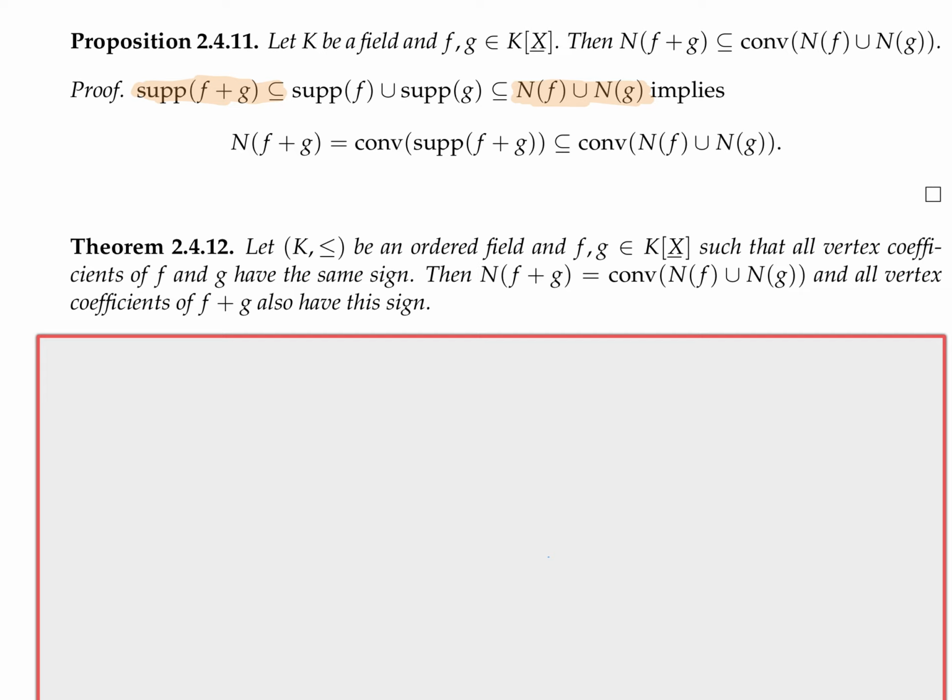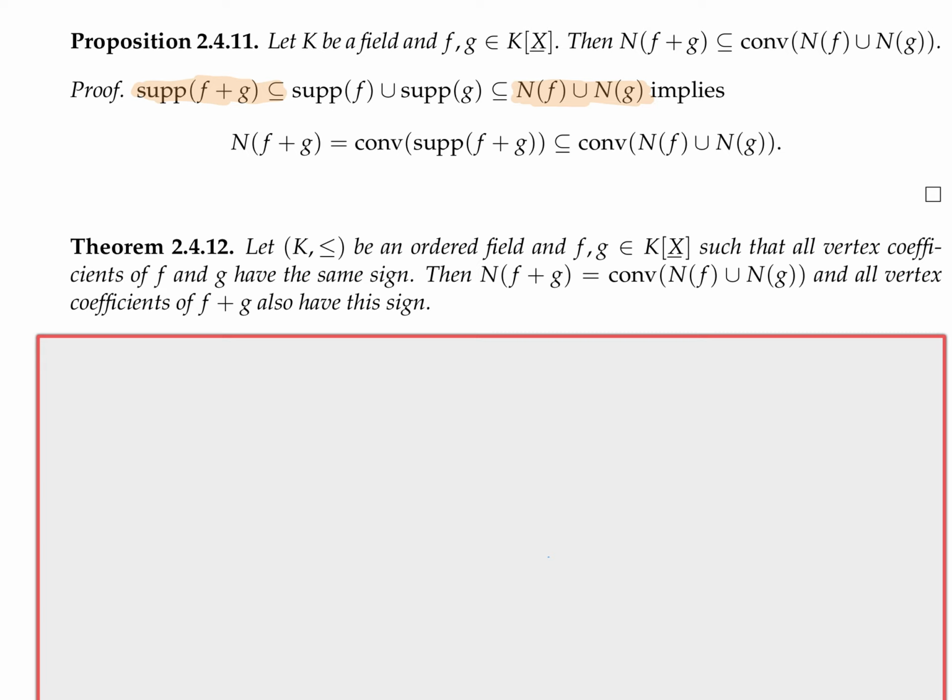And here we have a condition which resembles that a bit, right? So let K be an ordered field and f, g be polynomials in several variables, such that all vertex coefficients of f and g have the same sign, right? I mean, really the same sign for everyone, for the vertex coefficients of f and g.